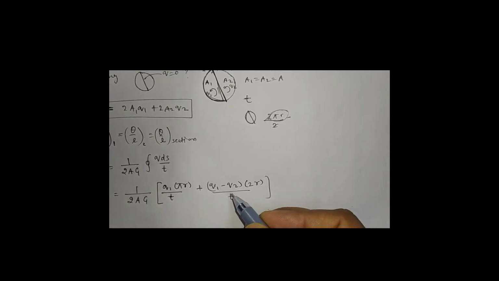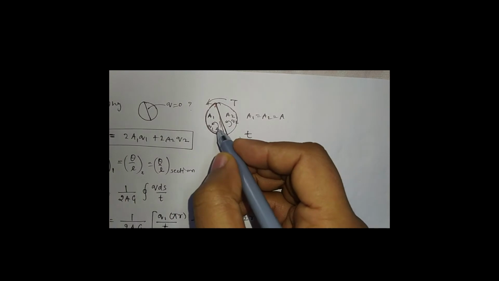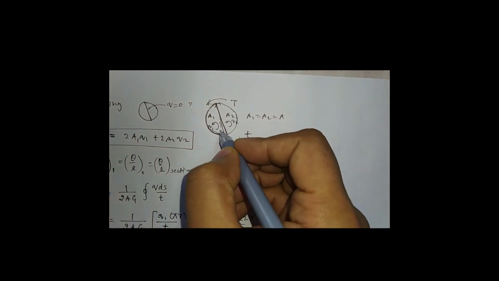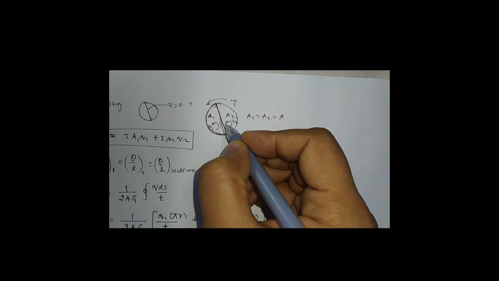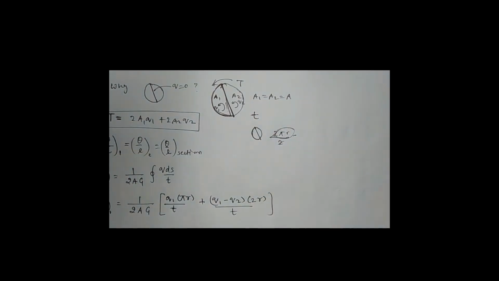Q1 minus Q2. Why Q1 minus Q2? Because from the direction here, Q1 is going in this direction and Q2 is coming in this direction. So Q1 minus Q2 into 2r.